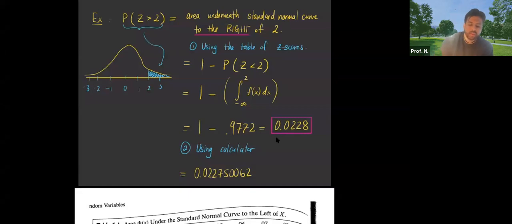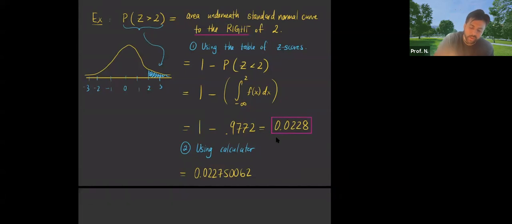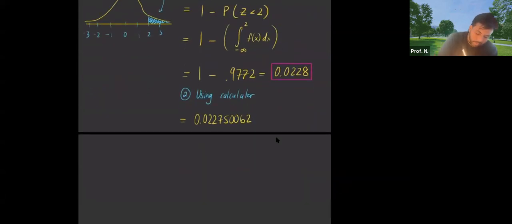Great. And now, the other variation of all of this is, what if I want to find the probability that my z value, my standard normal random variable, is between 0.65 and 1.72?